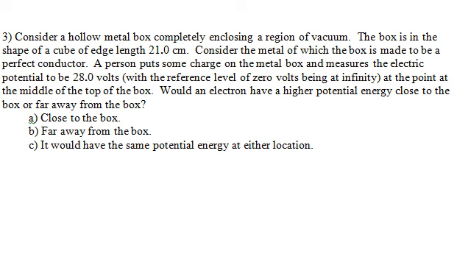Same kind of thing. Would an electron have a higher potential energy close to the box or far away from the box? Now, at the box, the electric potential is 28 volts, and the electric potential energy of the electron is going to be the charge of the electron times the electric potential.